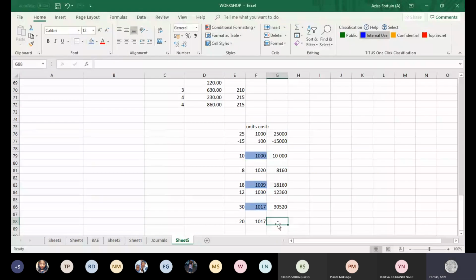So 20 times 1017 equals 2340. So my balance now is 10 and 3520 minus 2340 equals 10180. So what is 10180 divided by 10? That's going to give me 18. This is 18.